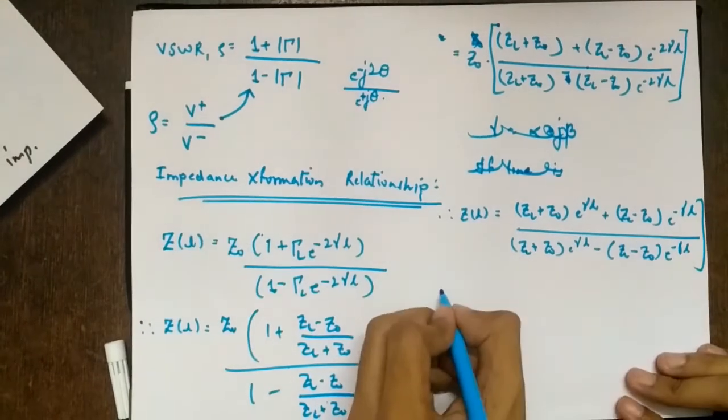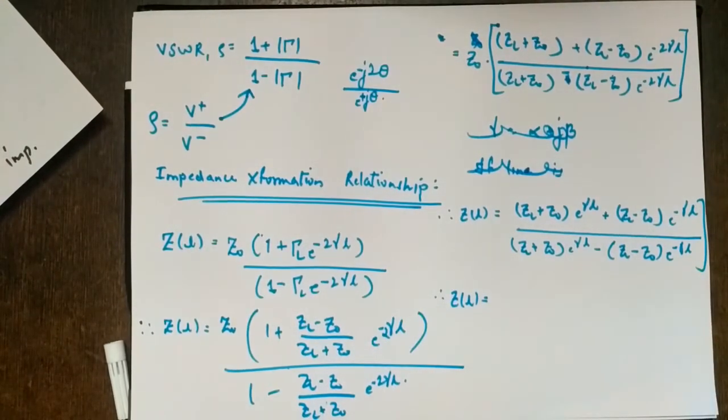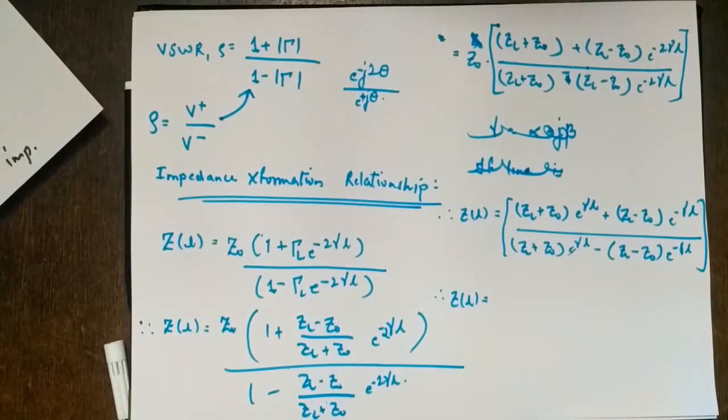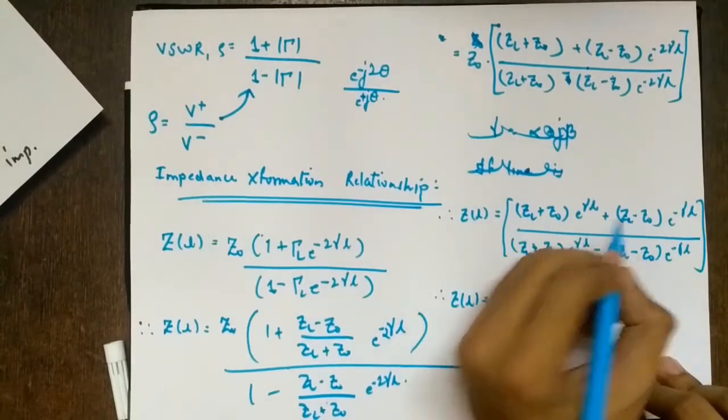So what can you think of this? Therefore Z of L equal to something. I'll give you some 10 seconds or so to think over what I can simplify it to. If you think, ZL is common, right?